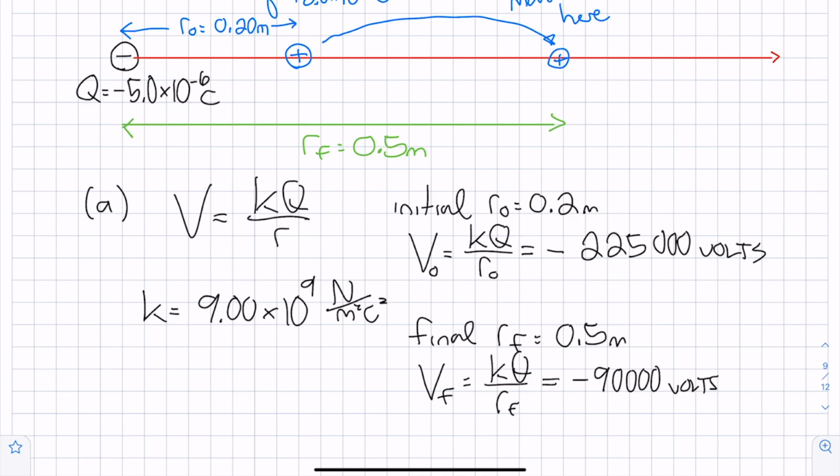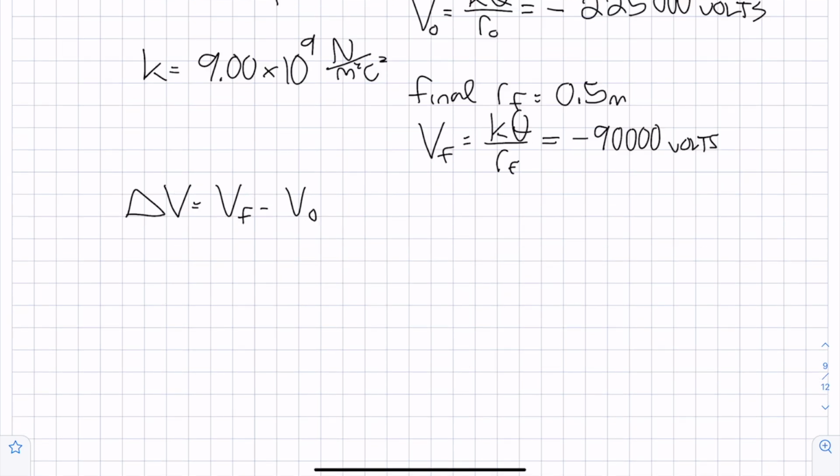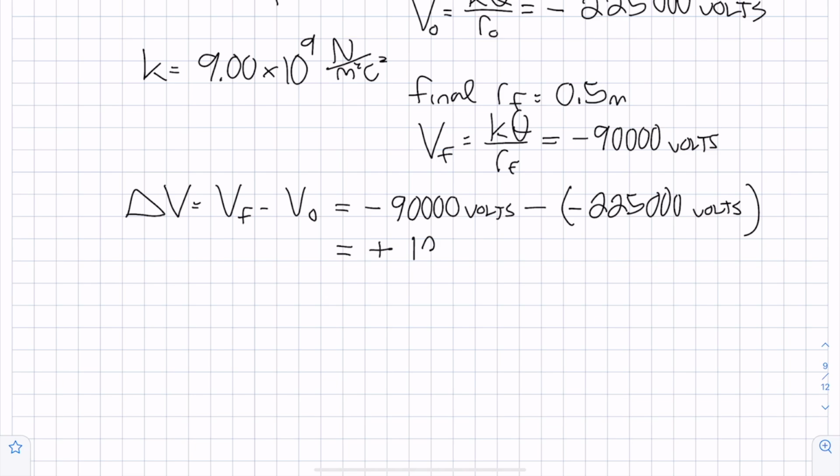So the potential difference between the initial and final, V final minus V initial, is going to be minus 90,000 volts minus negative 225,000 volts for an overall difference of positive 135,000 volts. So that's the change in potential from a position of 0.2 meters away from the fixed negative charge moved over to 0.5 meters.